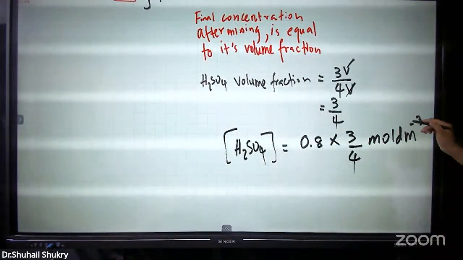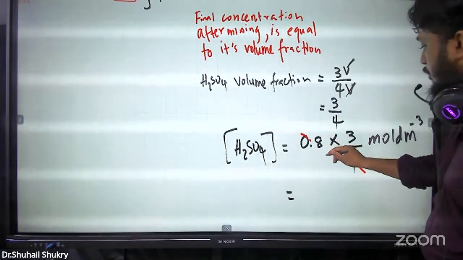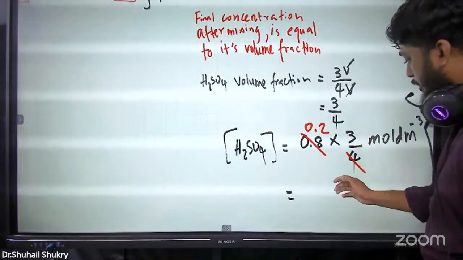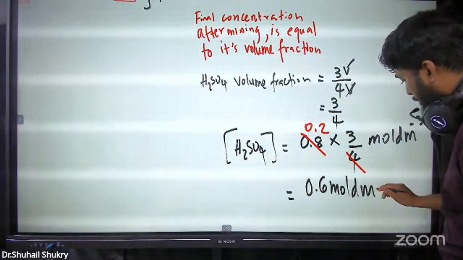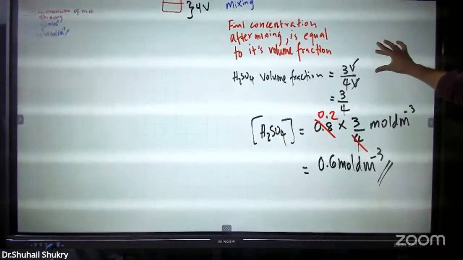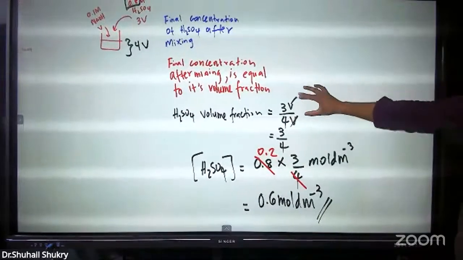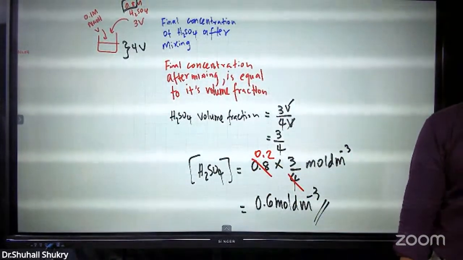So you can write the new concentration: 4 into 0.8, you can cut 0.2, 0.6 mol dm minus 3. You can remember, an easy method, you can get these concentrations. These are some short techniques to get the final concentration when you mix things.